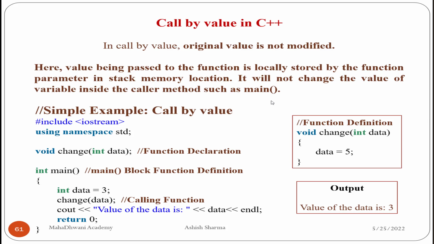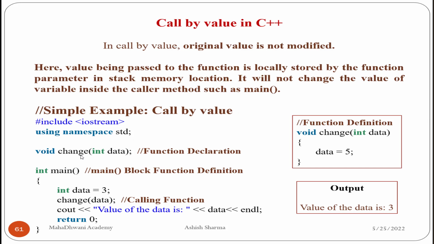It has scope only till the function body ends. So this is call by value. Here we can understand it is only using the copy of the variable, not using the actual location of the variable. We will understand this in a simple call by value program.